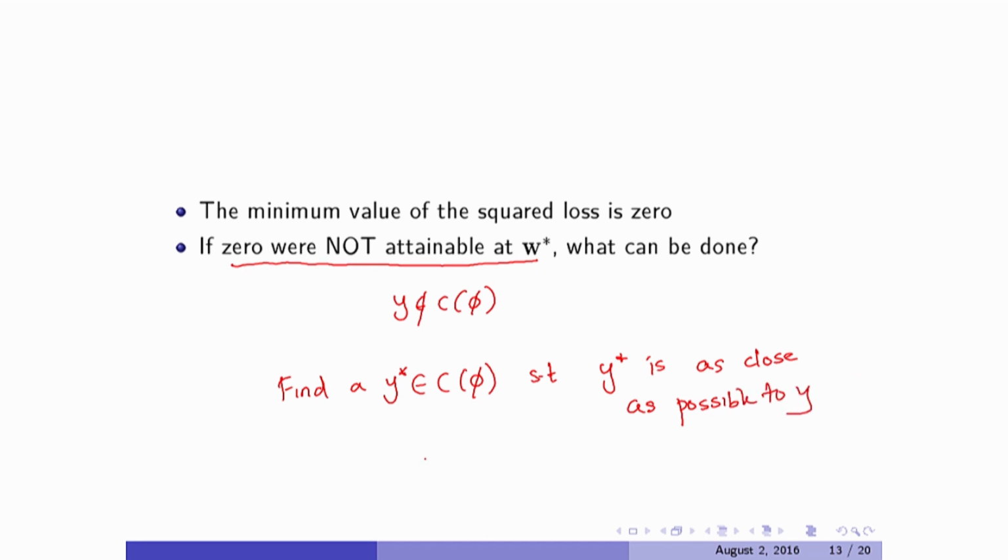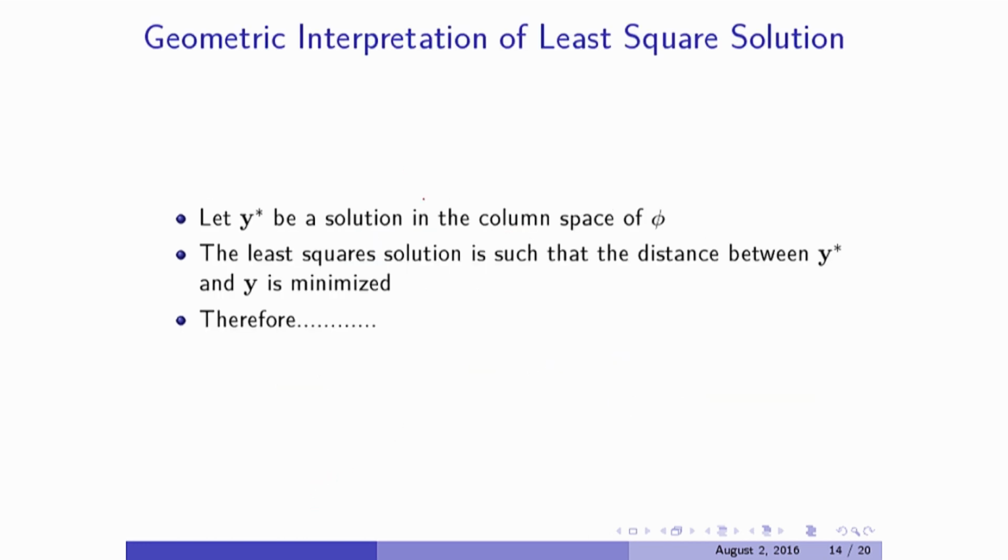Now what does that mean? Well, it just means that y star is in the column space of phi and the least square solution is such that the distance between y star and y is minimized.